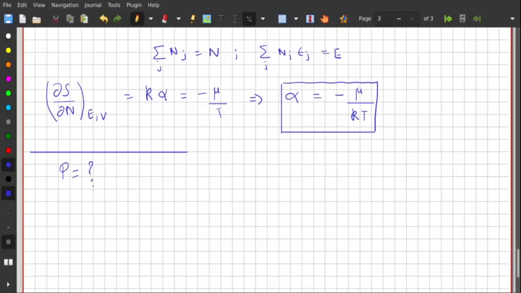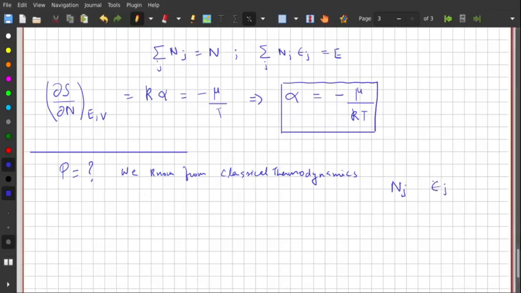We know from classical thermodynamics the physical picture behind it, but we want to write P, the pressure, in terms of the particle distribution N_j and the energy states epsilon_j.